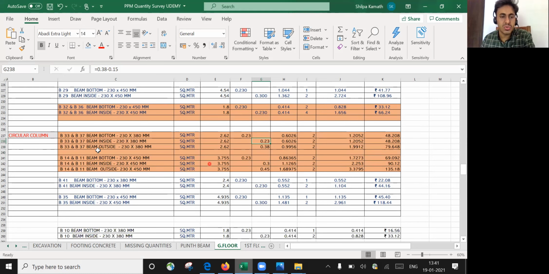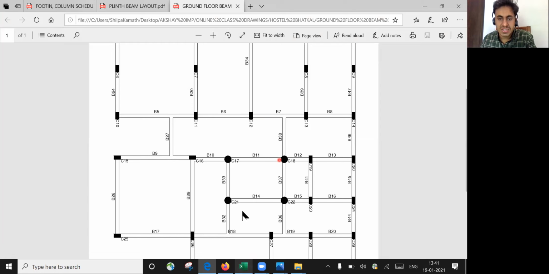Similar things you have to do everywhere, since B33 and B37 are similar beams. See the drawing again. This is my B14 and B11. This is B11 and this is my B14.